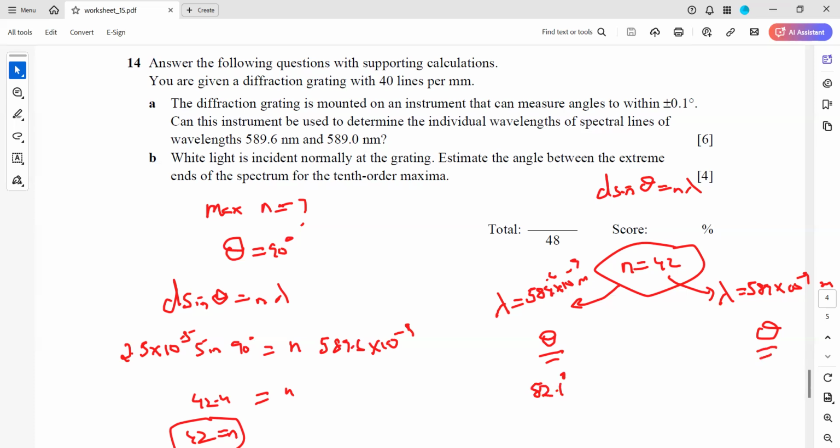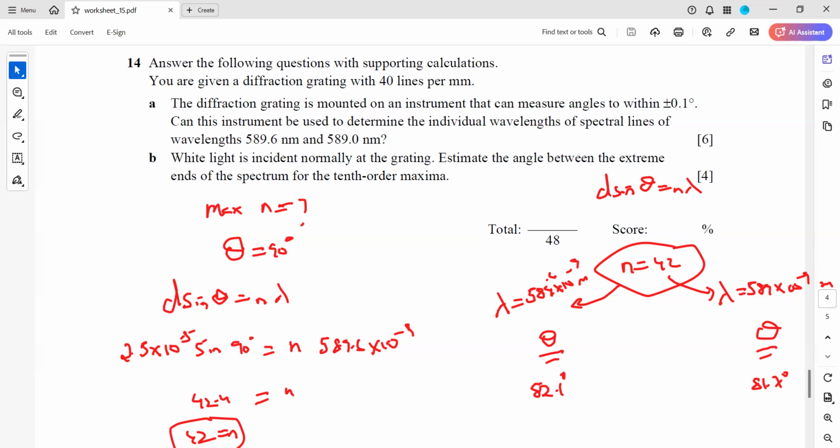When I find the theta for 589 times 10 to the power minus 9, the answer is 81.7.